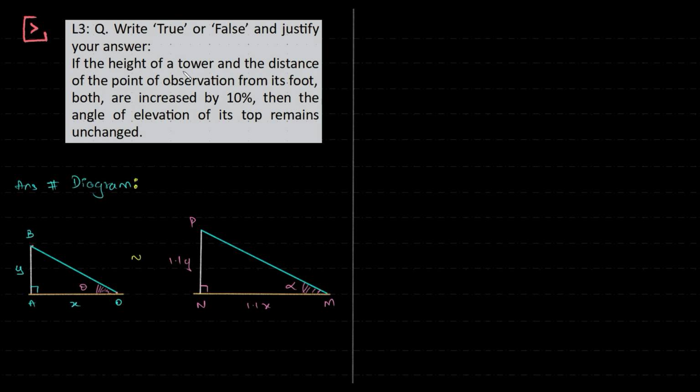Okay. So if the height of the tower and the distance of the point of observation from its foot both are increased by 10%, this you need to understand. See, this is your point of observation, and this is the foot of the tower.